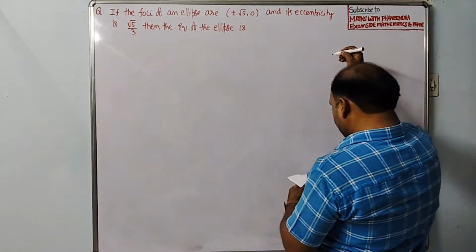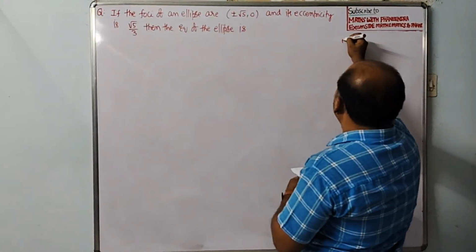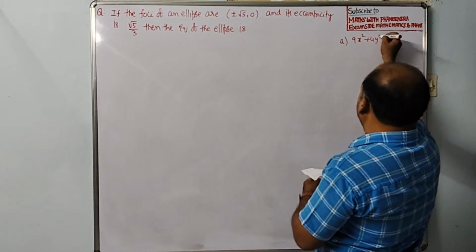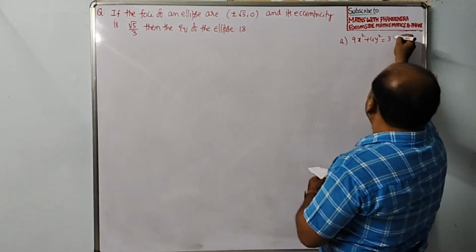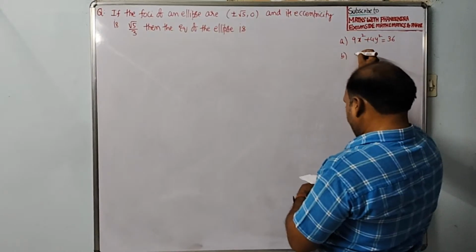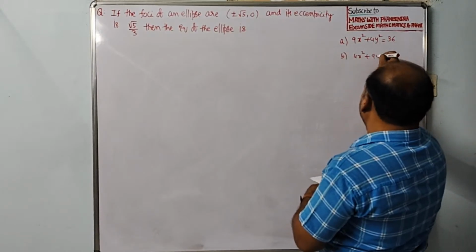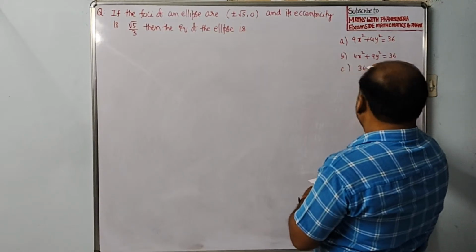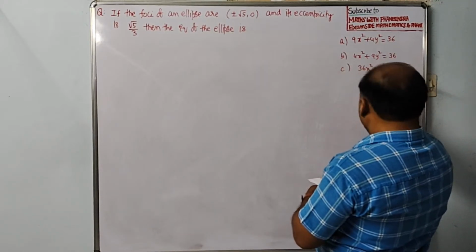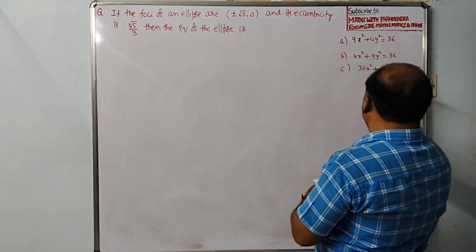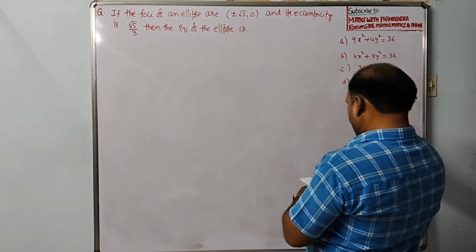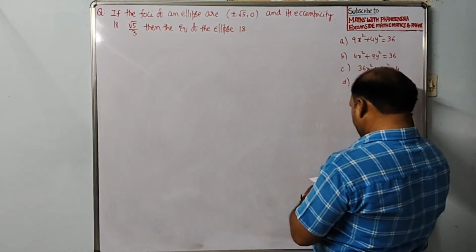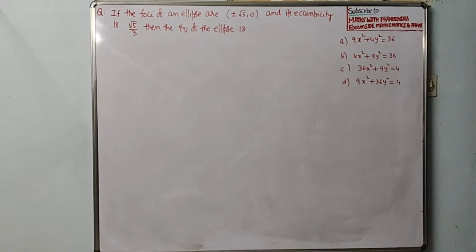See the options, dear students. First option, 9x square plus 4y square equal to 36. 4x square plus 9y square equal to 36. 36x square plus 9y square equal to 4. 9x square plus 36y square equal to 4. So this is the question.